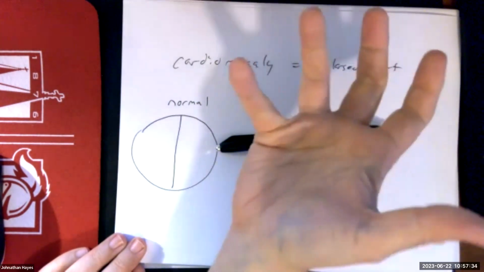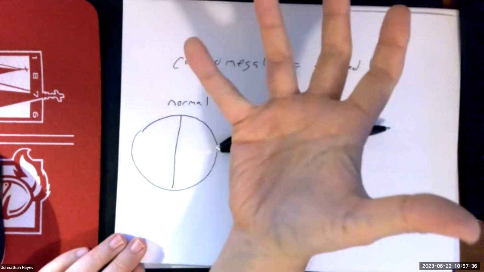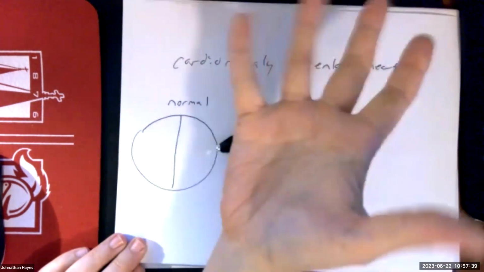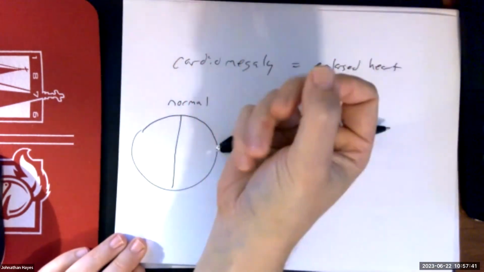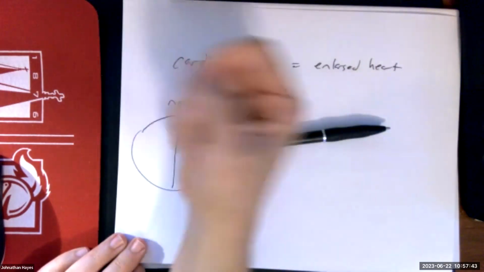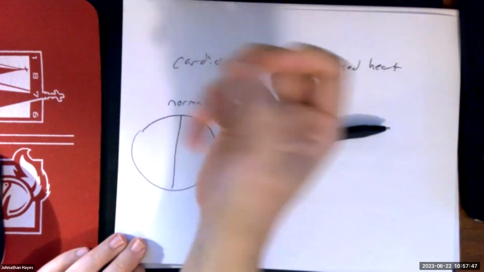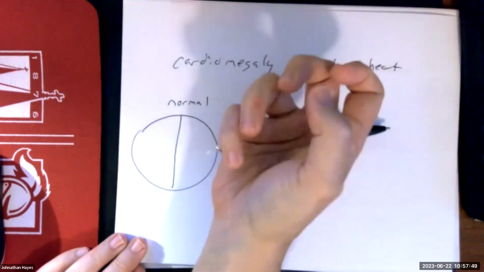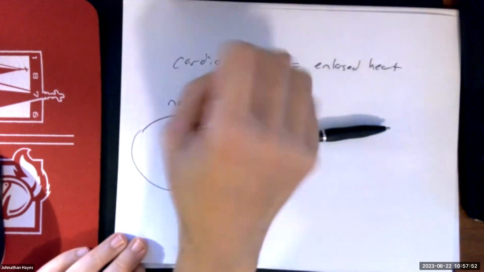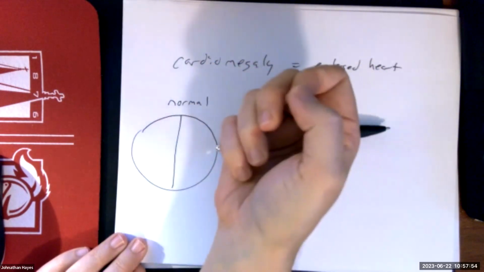So my fist should be somewhat proportionate to my body, right? Because it's my hand, you know, attached to my body. And if I loosely clench that, that should be about the size of my heart. So it's not enormous, you know, mine's much greater than this because of the endless love that I have for everyone, right? But still, this is a normal person's heart.